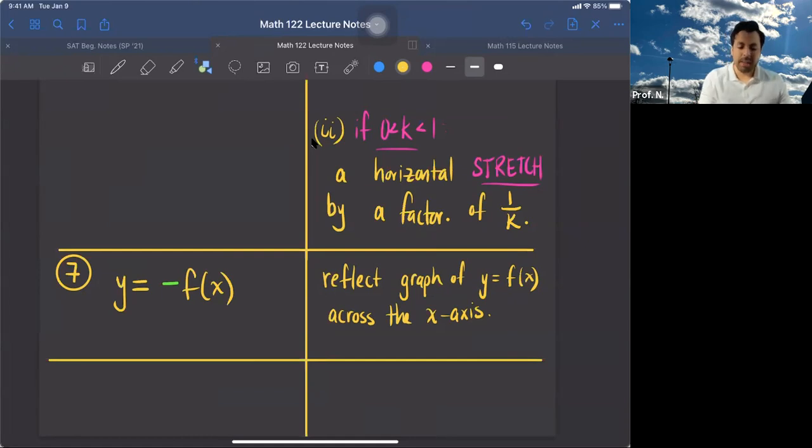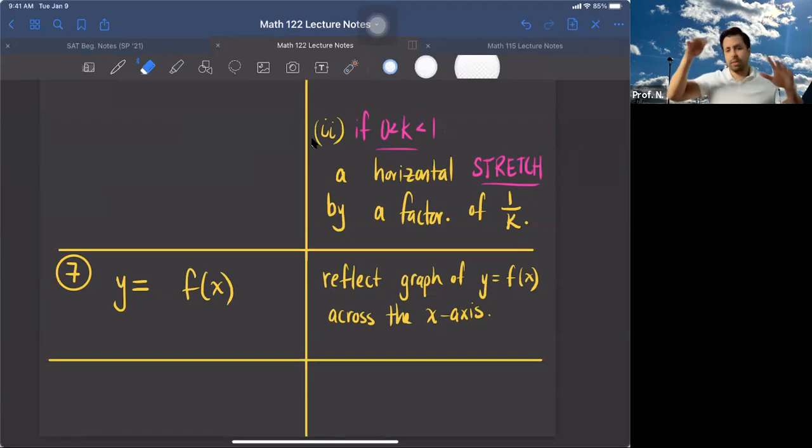Putting a negative sign may not seem like a big deal, but if you understand what's happening, then all these things make a bit more sense. So let's say I didn't have it. I'll just have a regular function, whatever it is.